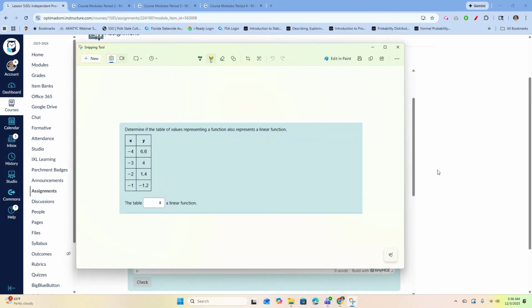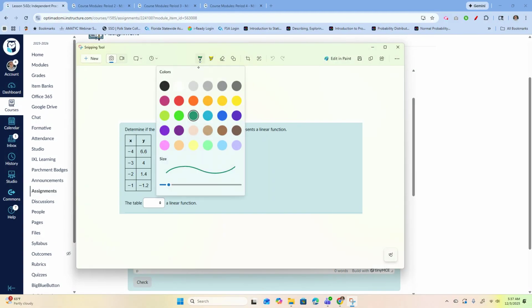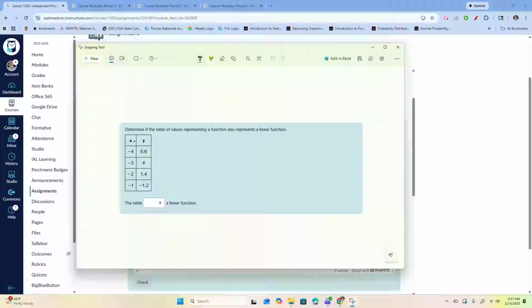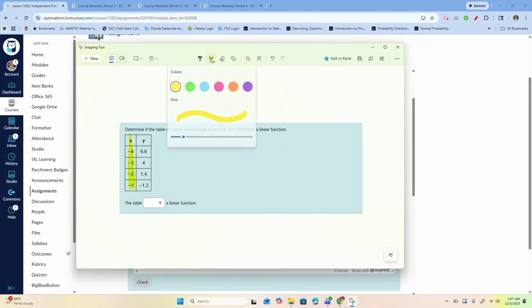Basically, look at the table. We have the x column, all of these here, the x's, and here is the y column. So we have x and y's. Let's find out how much the numbers go from one row to the next row in the y's.